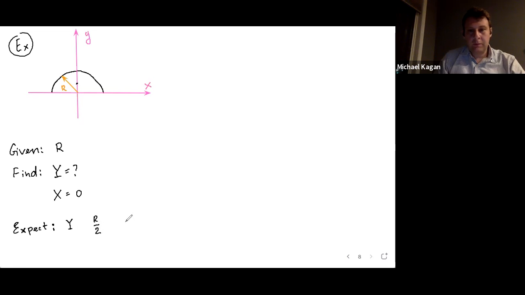Okay, I see lower. Does anybody think it's above? Okay, where do you think there is more mass? Just asking. Okay, well, let's put it down as our expectation and see if it works out.